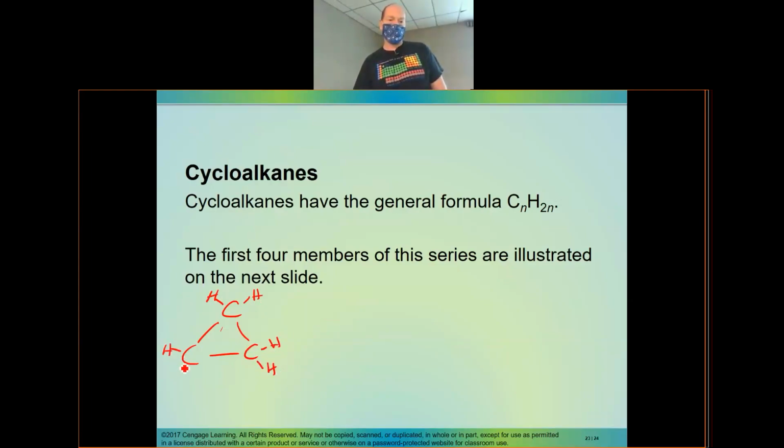That has the general formula of CnH2n, because here we see 3 carbons, 6 hydrogens, C3H6. So you put a 3 in for n, you get 6 for H.